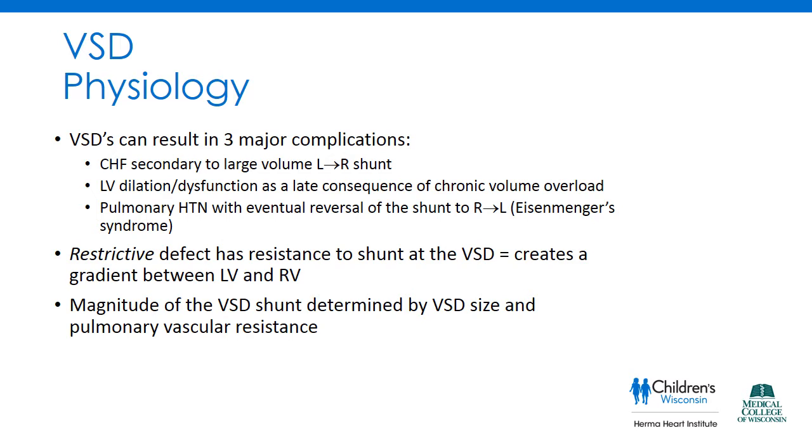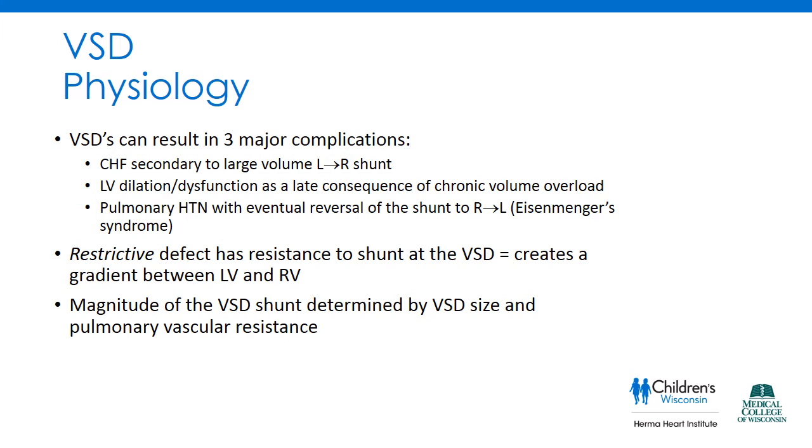Another complication is left ventricular dilation or dysfunction as a late consequence. Typically, we see this in our children not so much on the dysfunction side, but the left atrium and left ventricle dilate over time as they deal with that chronic volume overload, and that can be an indication that the patient needs surgery.